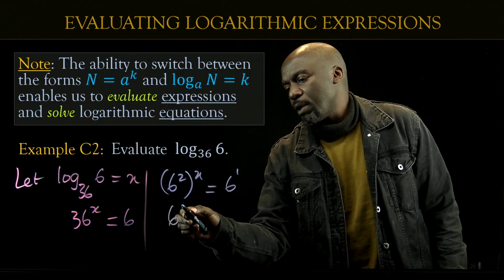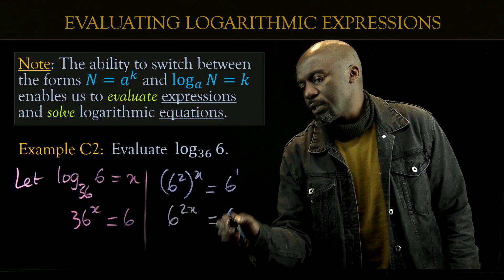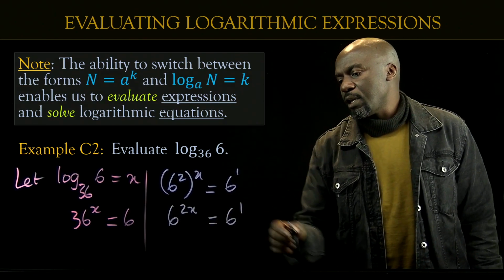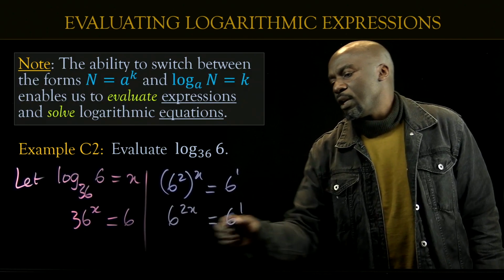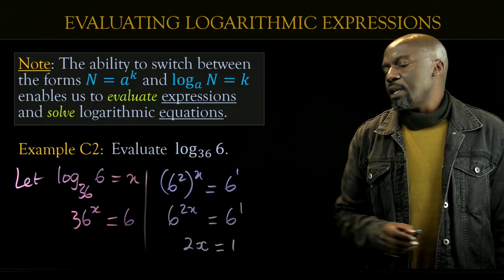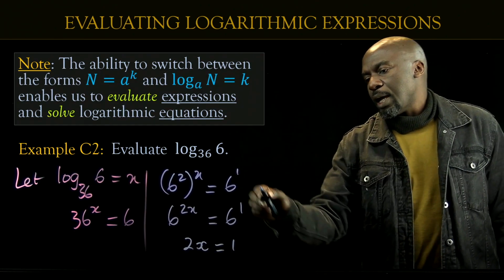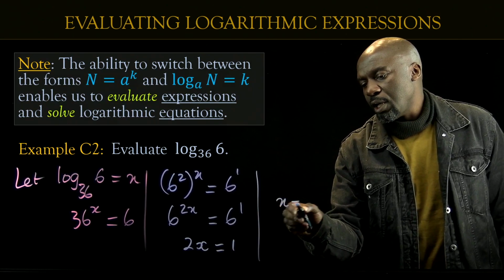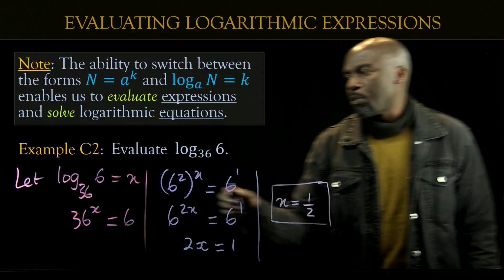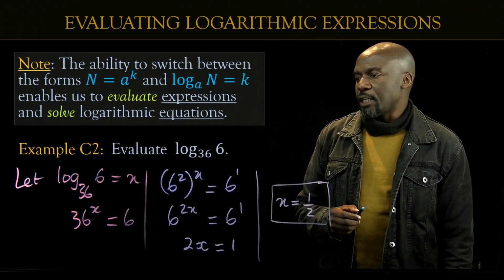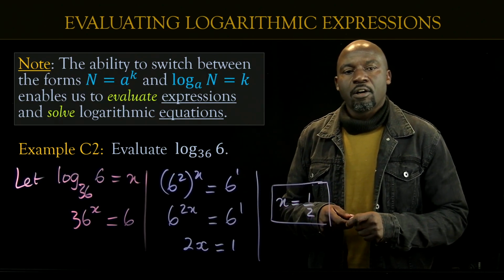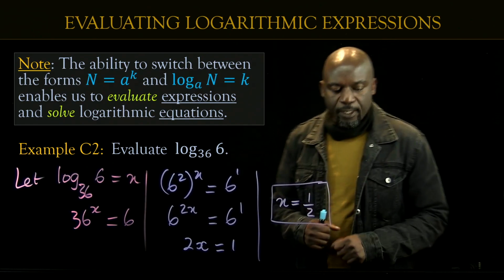So we have 6 to the power of 2x equals 6 to the power of 1. Because the bases are equal, the exponents must be equal, so 2x must be equal to 1. Divide both sides by 2 and we end up with x being equal to a half. So we have found the value of the expression, we have evaluated log to base 36 of 6. I hope that's clear.